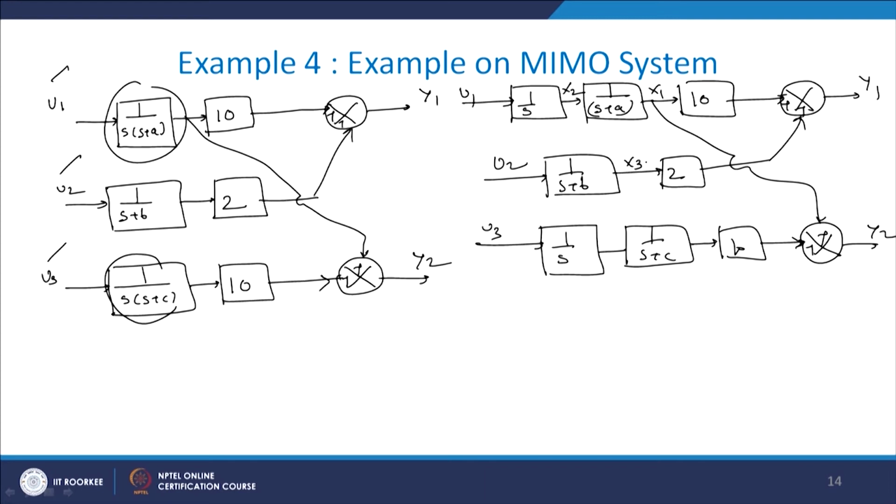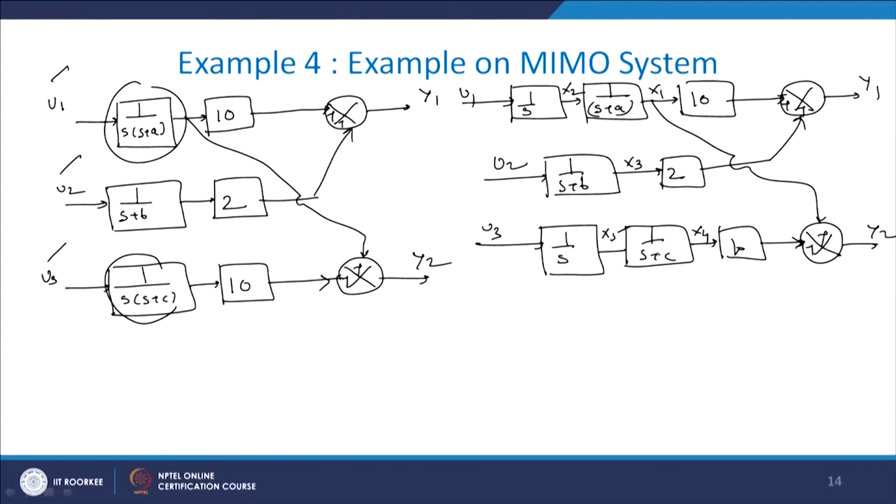Then coming here to 10, we can take the state x4, and here we can take the state as x5. So all the states have been defined. Now what we do? We have to take x1(s) by x2(s), x3(s) by u2(s), x4 by x5(s), then x5 by u3.